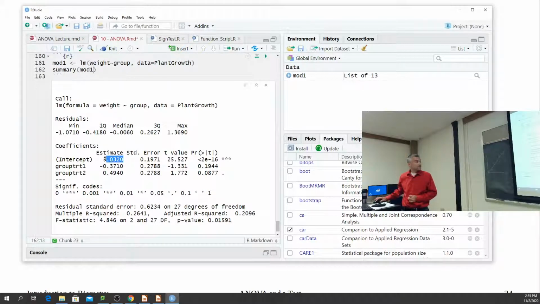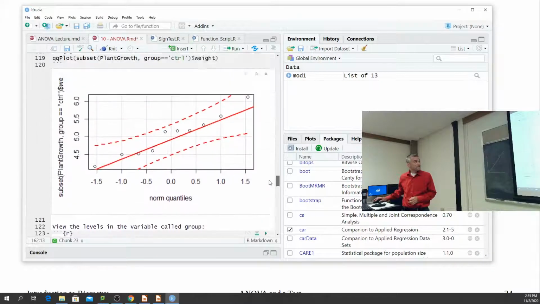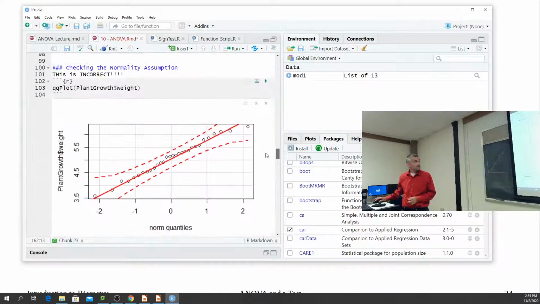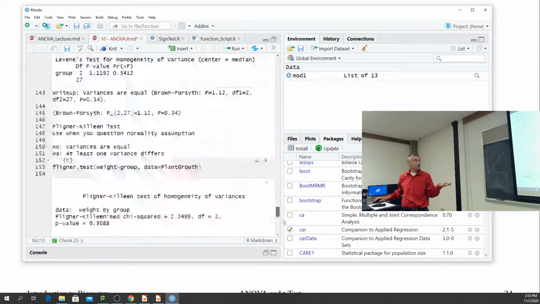What's this value? 5.0320. That's our intercept. That third level is in our intercept. So what this summary is telling us is that the control has an average of 5.032.